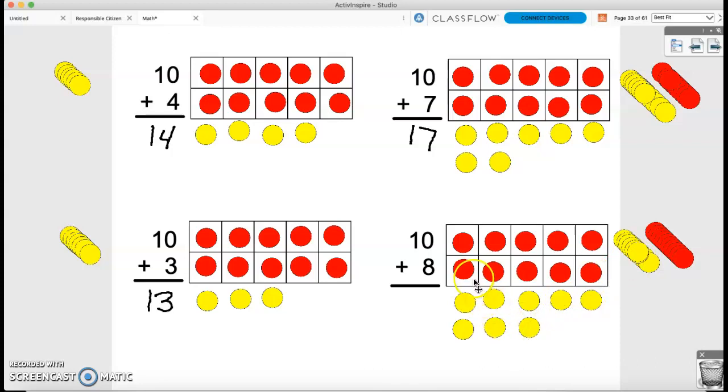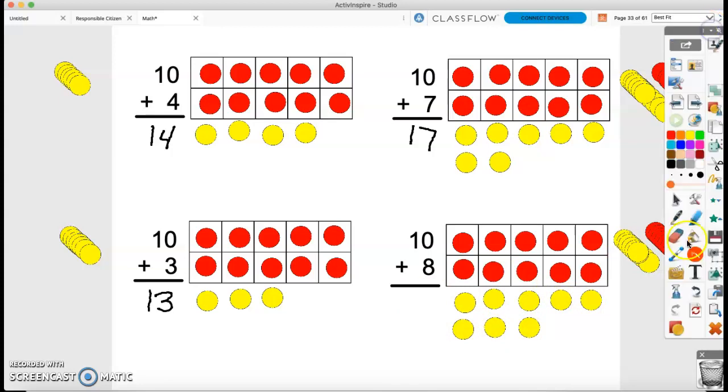So let's count that. I know I have 10. I don't have to count these because I know I have 10. 10, 11, 12, 13, 14, 15, 16, 17, 18. So I know that I have 18. I know that 10 plus 8 is 18.